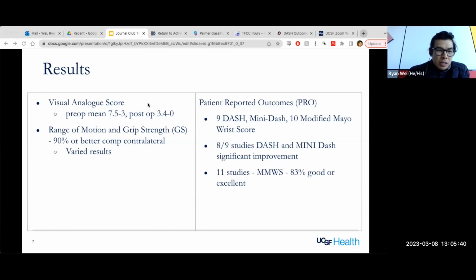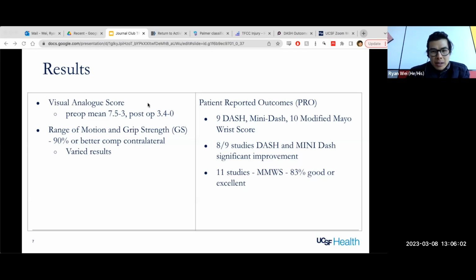Their range of motion and grip strength were measured with a grip strength dynamometer, and then using degrees measurement for their range of motion, and 90% or better were comparable to the contralateral side or improved. And they did note multiple times throughout that there were varied results.